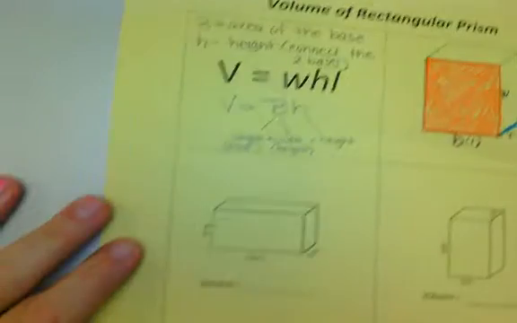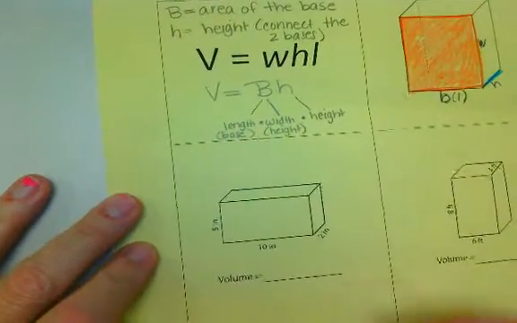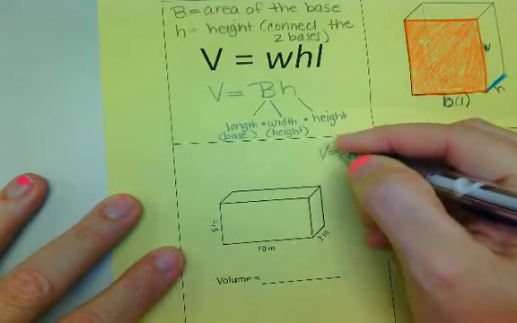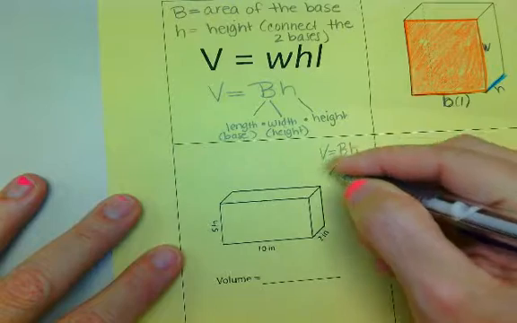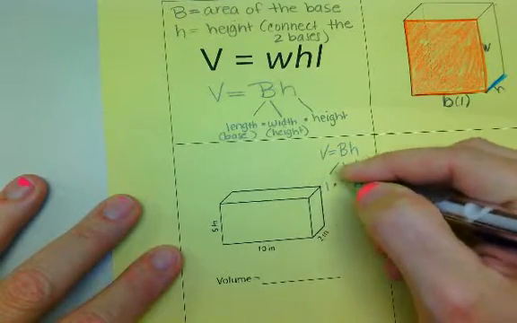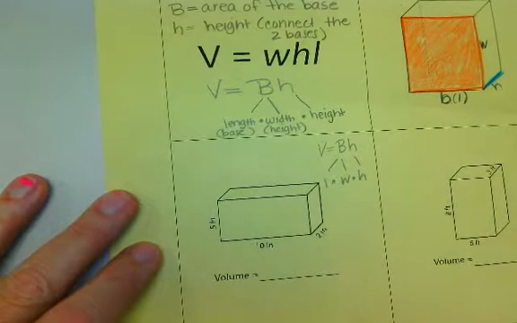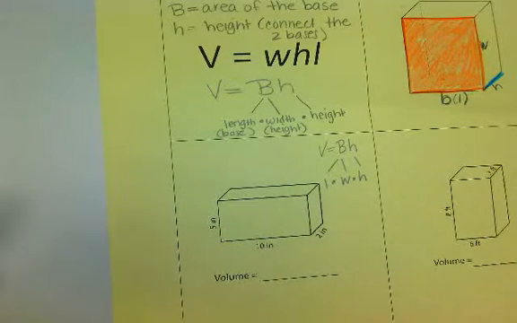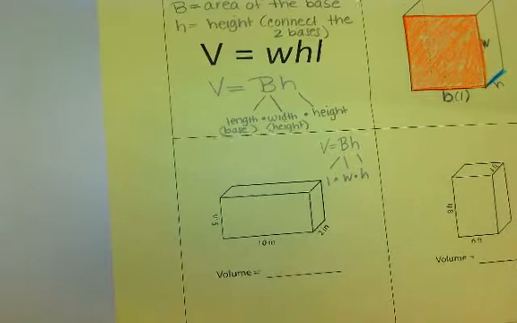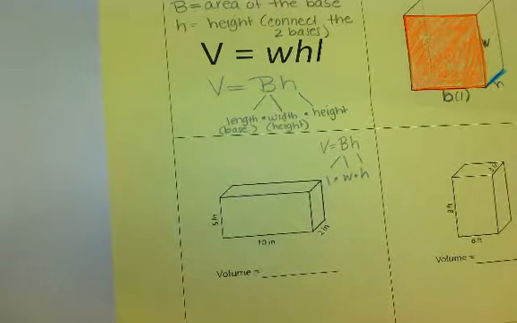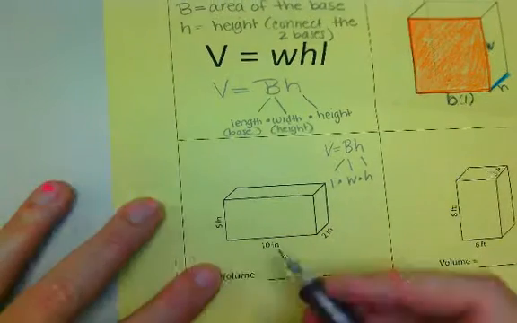So, for example, you have this one. So V equals big B, little h, which just is length times width times height. Okay, guys, when you're multiplying, you can multiply in any order you want because of the commutative property. If you multiply 2 times 3, it's the same thing as 3 times 2. It doesn't matter which way you multiply it. If you want to represent certain things to help you later, that's fine.